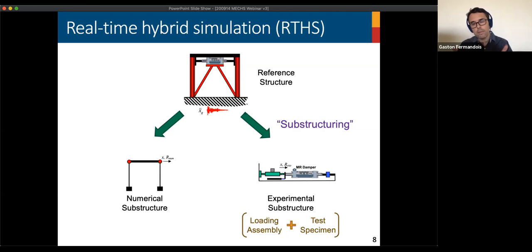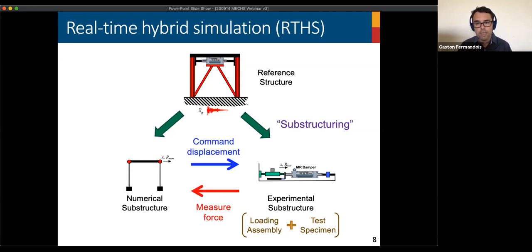So we build it, or we install it in a laboratory environment, and we connect both domains through actuators and sensors, and we close what we call the hybrid loop, where the numerical substructure commands a displacement to the experimental substructure, and we measure the restoring force, and we close the loop in order to conduct the numerical integration. But the difference is that we do this in real time, where the sampling time is of the order of milliseconds. This is ideal to study components that are rate dependent.